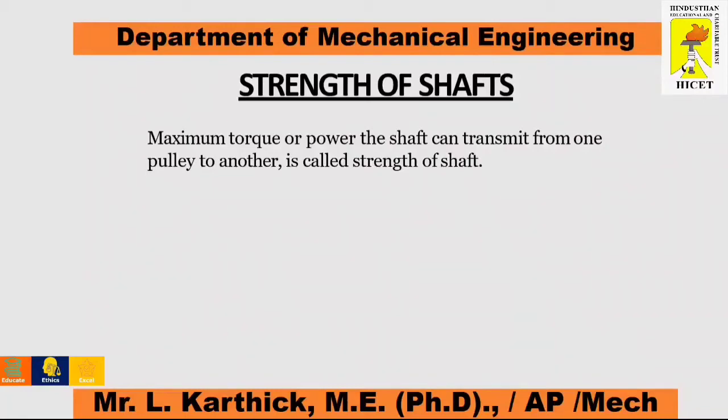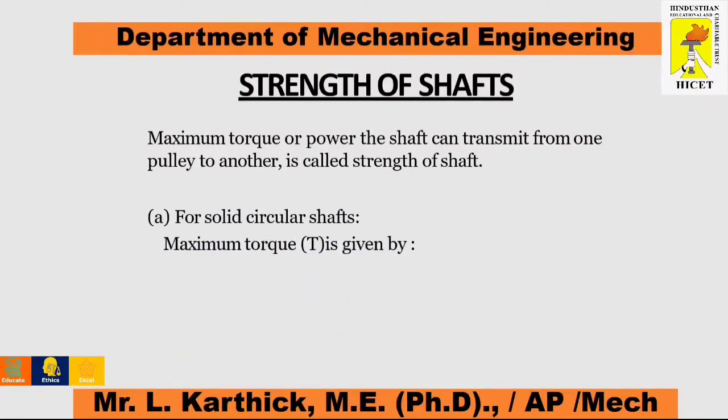For example, if we use the shaft in automobiles or automotive industries, it should withstand maximum torque or maximum power, and also transmit the power from one pulley to another without any break. That is what is called the strength of the shaft. So we need to study the strength of the shaft for each and every application.